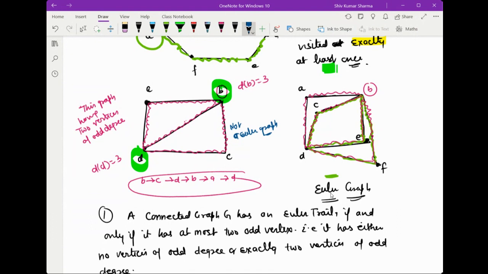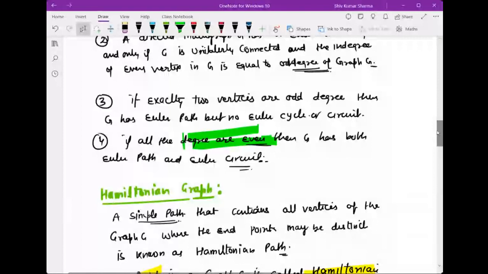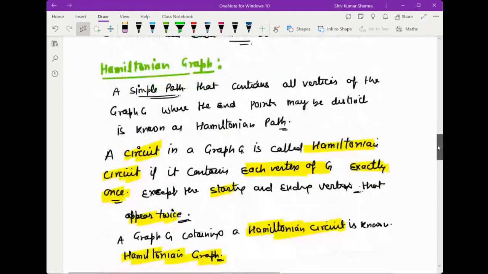So the second graph has all vertices of even degree, so that graph contains an Euler cycle or Euler circuit. Any graph which contains an Euler path or Euler circuit is an Euler graph. Next, the second most important graph is the Hamiltonian graph.